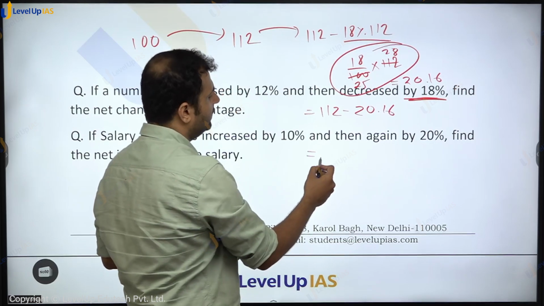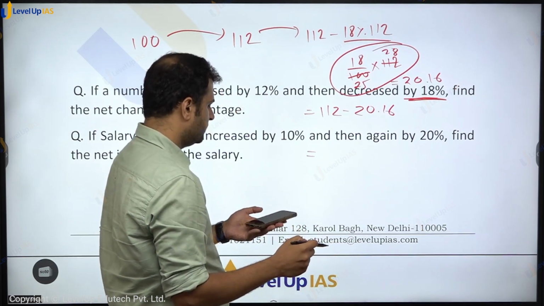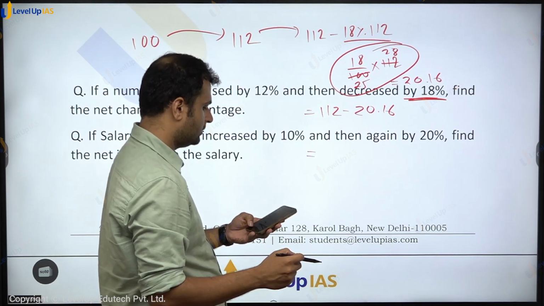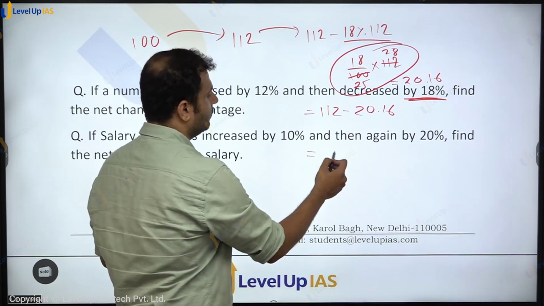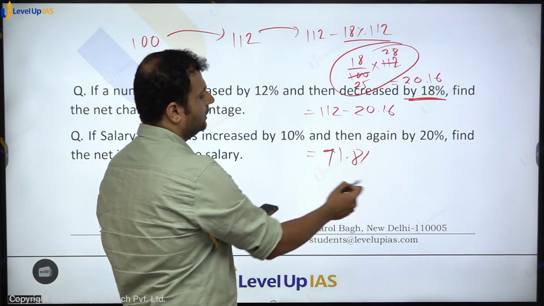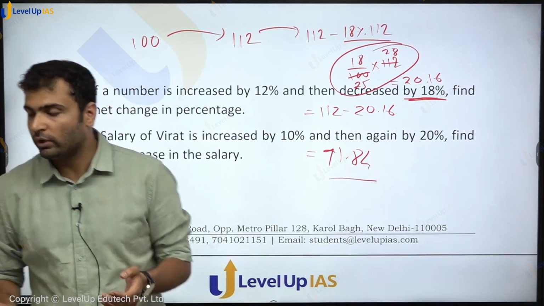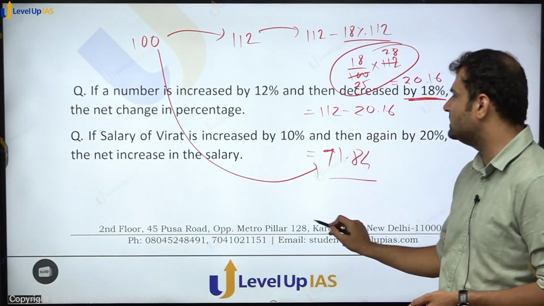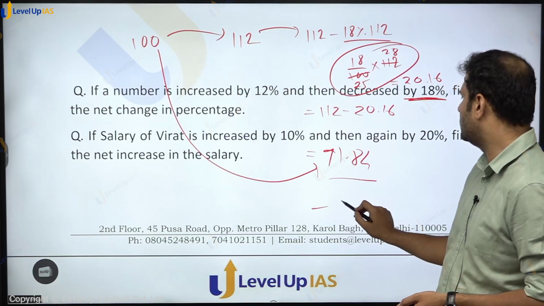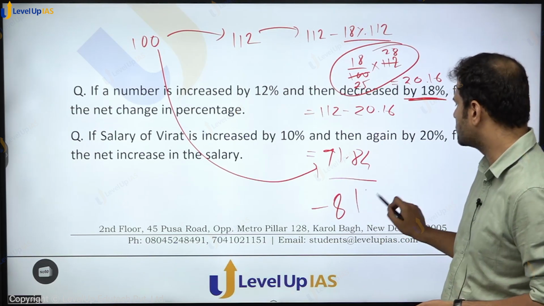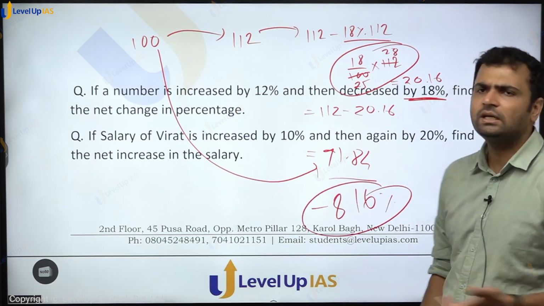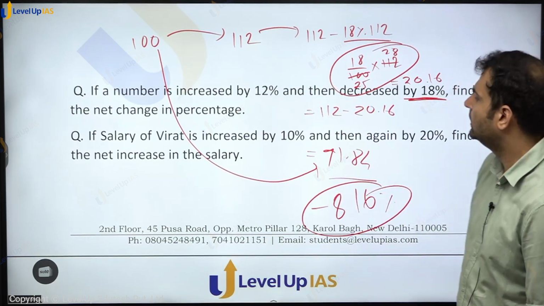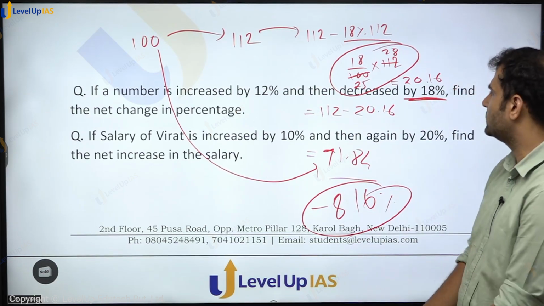So it will be roughly 91.84. So what is the net change? The net change from 100 to 91.84 is minus 8.16%. This is the change. Okay, it reduced, so the change is minus 8.16%.